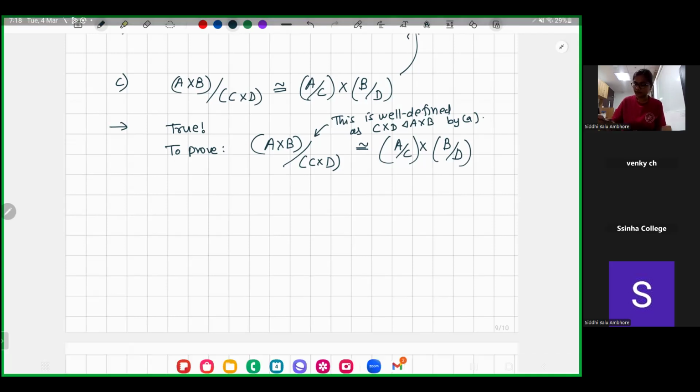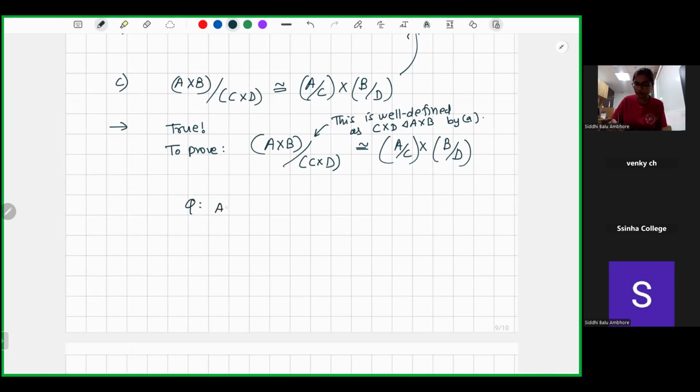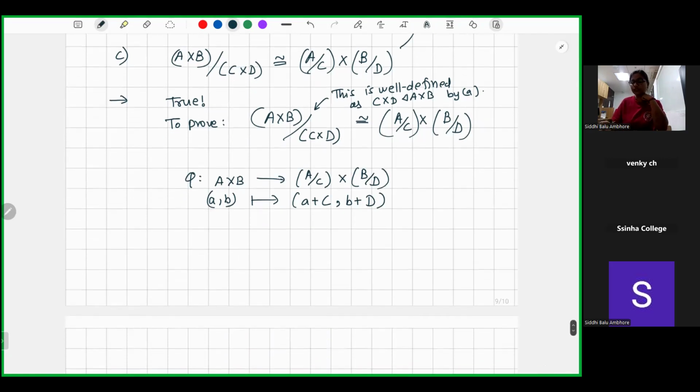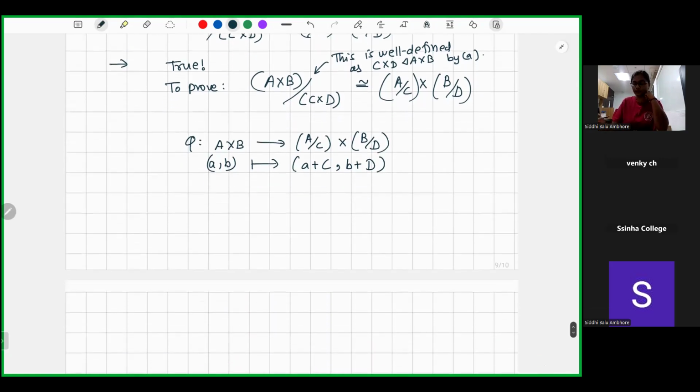We will define this map phi from A cross B to A quotient C cross B quotient D, such that (a, b) goes to (a plus C, b plus D). Okay, any doubts here? This map is well defined, and you can check this, and also that it is a group homomorphism.